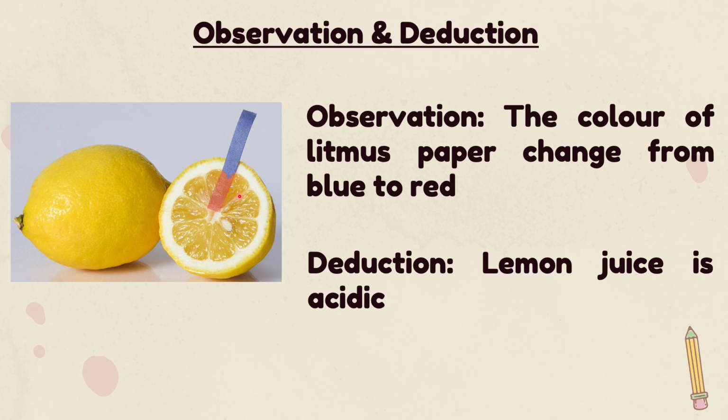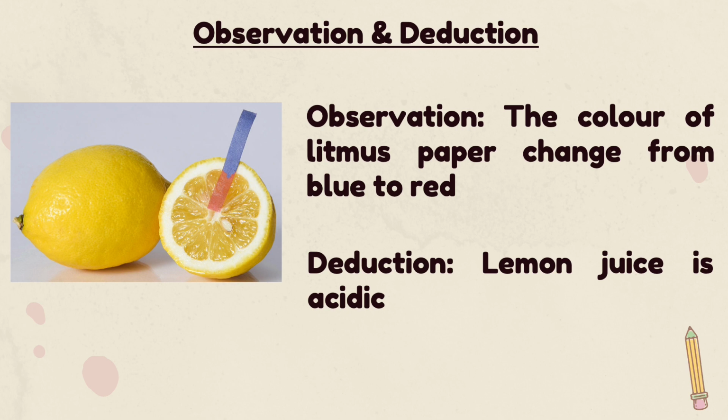Observation tu apa yang awak observe, apa yang awak nampak. So what I observe is the color of the litmus paper will change from blue to red. Itu yang saya nampak. Okay, deduction yang saya boleh buat adalah, sebab kita kena ingat, deduction itu adalah conclusion for a particular observation. So deduction that I can make is lemon juice is acidic. Deduction tu adalah conclusion yang saya boleh buat berdasarkan observation.